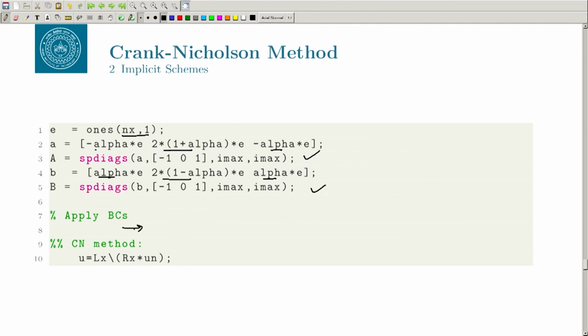You can apply the BC that you have, and use the Crank-Nicolson method, which is basically A u is equal to A inverse B, and the older time step.